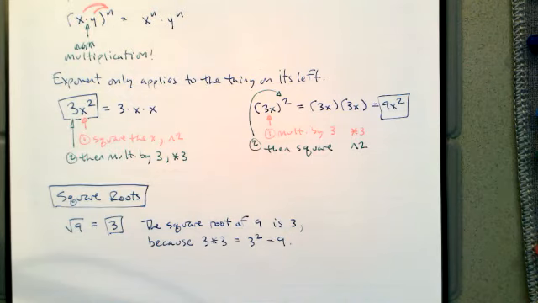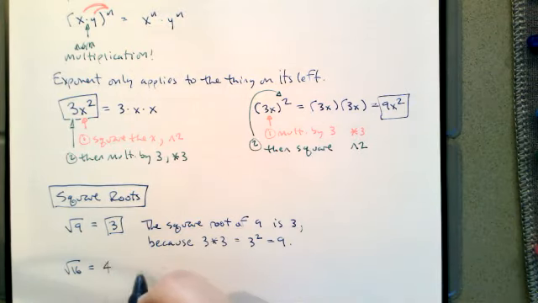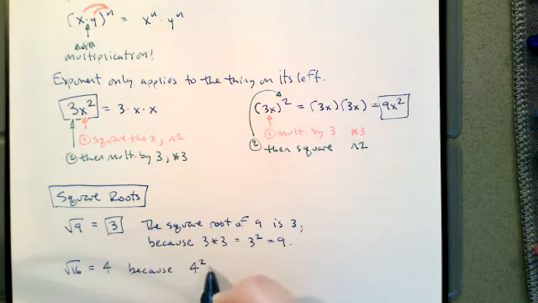We know a lot of what are called perfect squares. Square root of 9 is 3. What's the square root of 16? 4, because 4 squared is equal to 16.